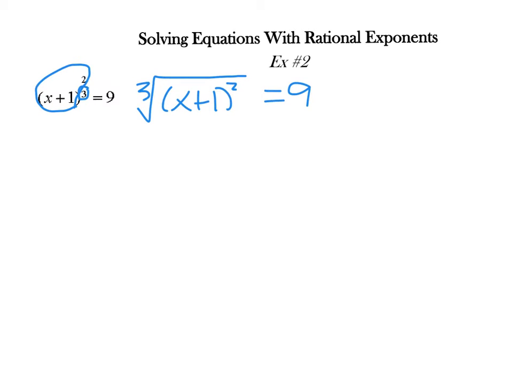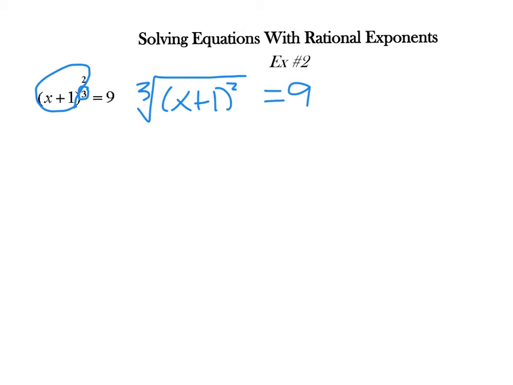So once I've converted from rational exponent to radical, I remember the first thing I want to do is isolate the radical. Here, notice how there's nothing in front of the radical, nothing behind it. It's already isolated. So I look at the index, and I'm going to raise it to that exact power. So the cube root of x is now going to be raised to the 3rd power.